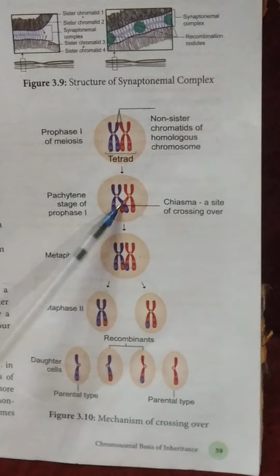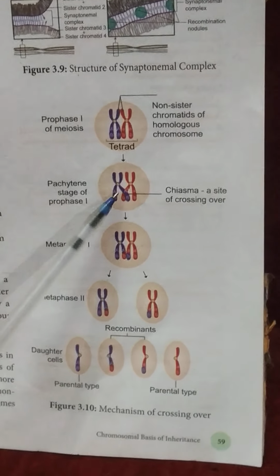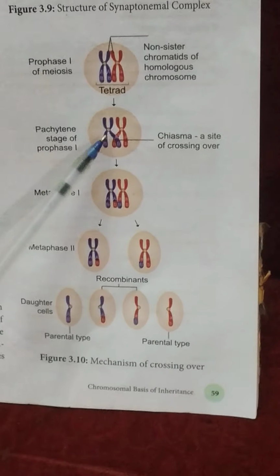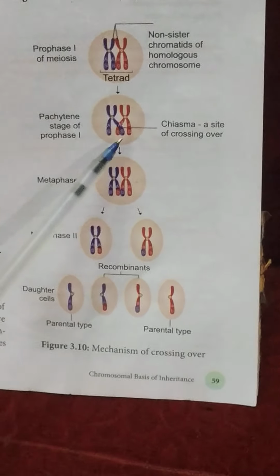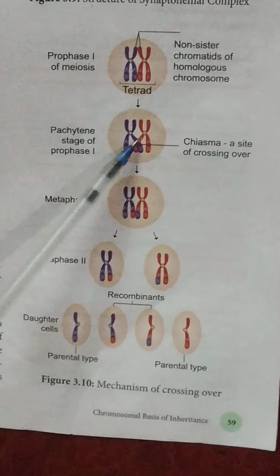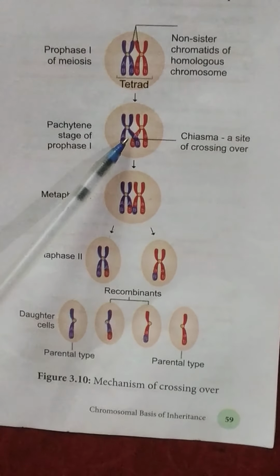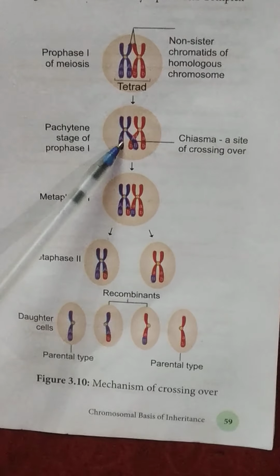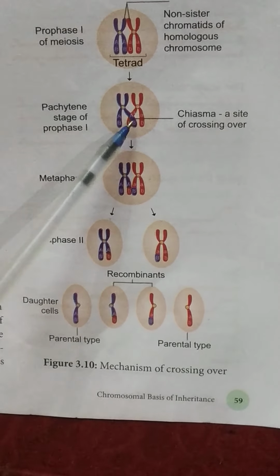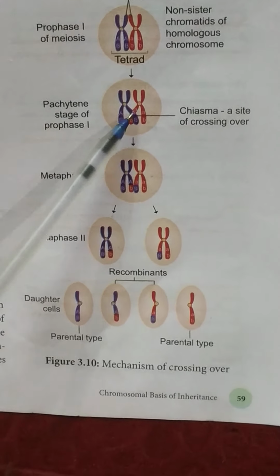There may be one chiasmata or more than one, depending upon the length of the homologous chromosome. So crossover formation takes place at the Pachytene stage by exchanging chromosomal segments between the non-sister chromatids of the homologous chromosome.